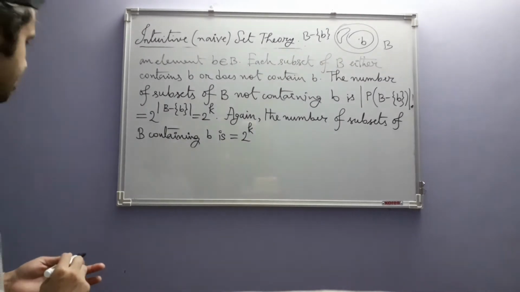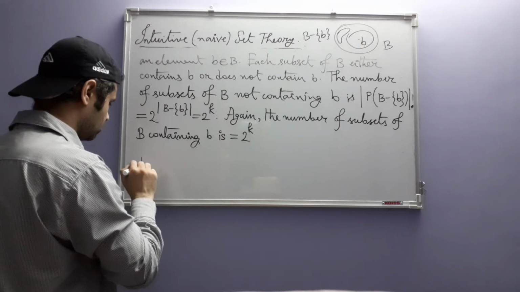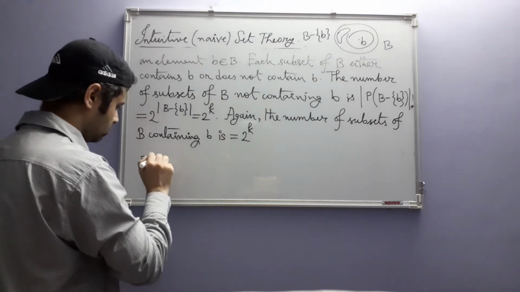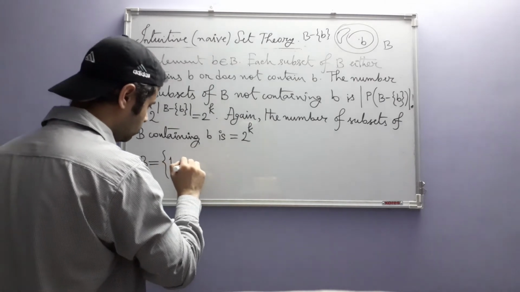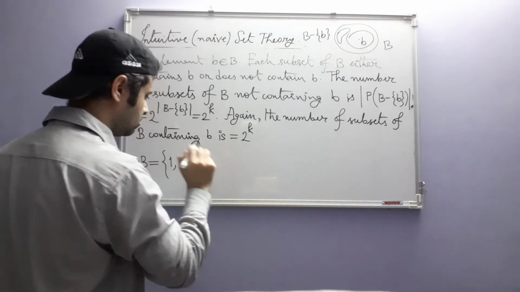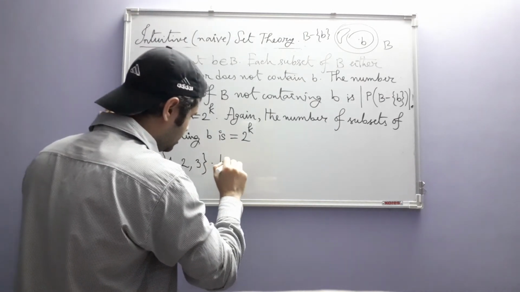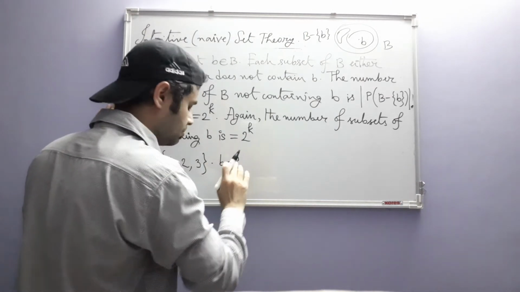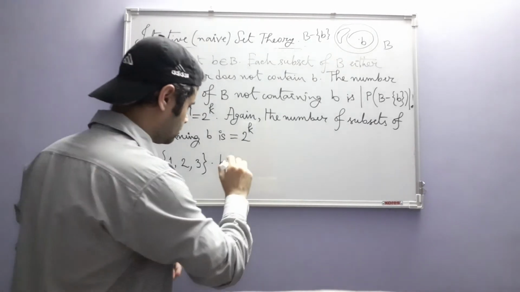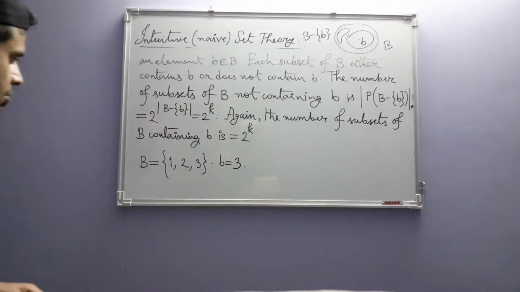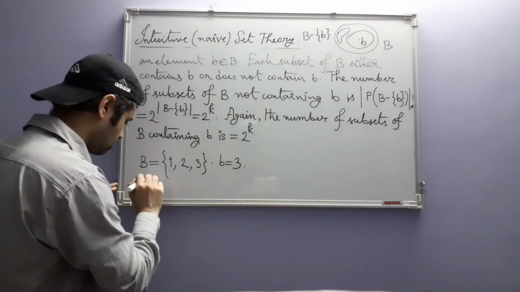Suppose my B is this: one, two, three. And my small b is 3. So we already know what the power set of B is.